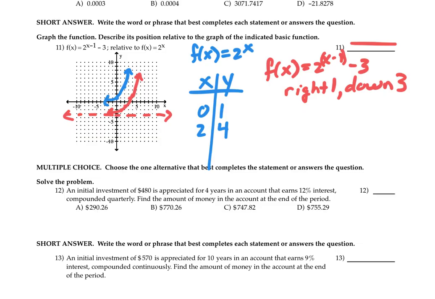So the whole thing, the whole graph has moved right 1 and down 3. So when it says describe its position, that's the part that I'm looking for, okay? And then obviously you gotta graph it to show it as well.